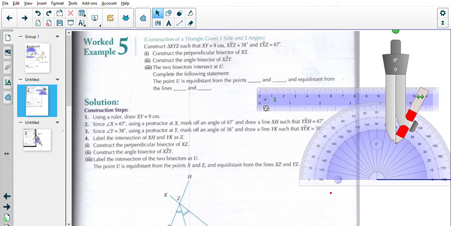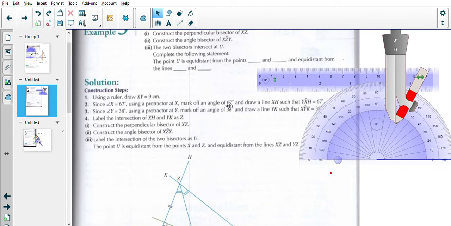Part 3 is the two bisectors intersect at U, and complete the following statement: the point U is equidistant from the points blank and blank, and equidistant from the lines blank and blank. Now, let's take a look at the construction steps in the solutions.